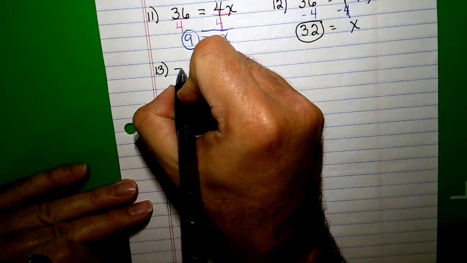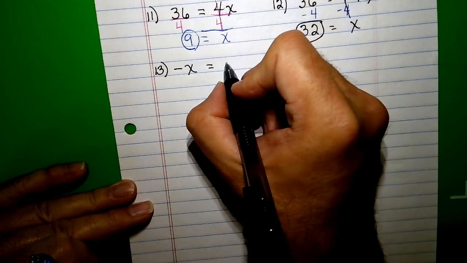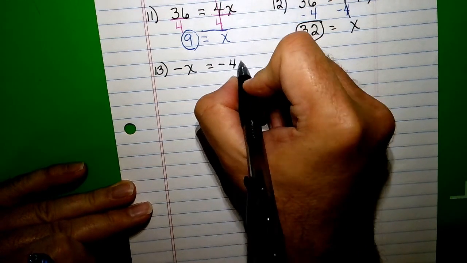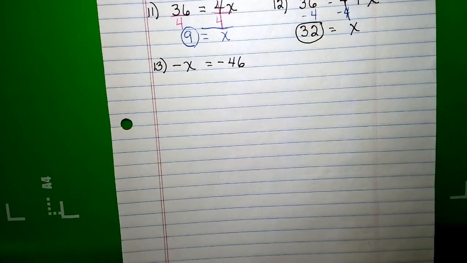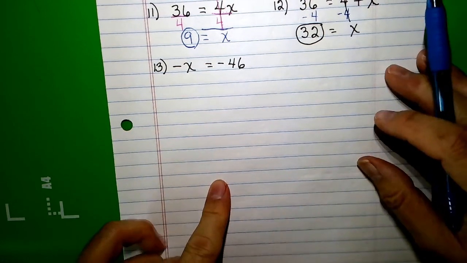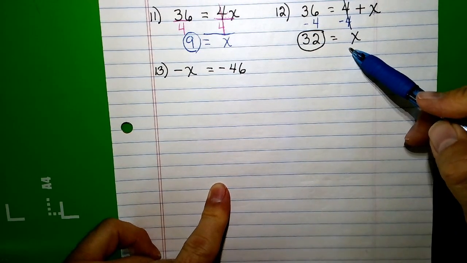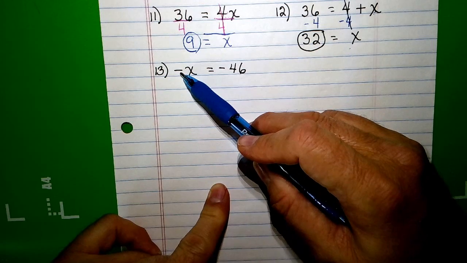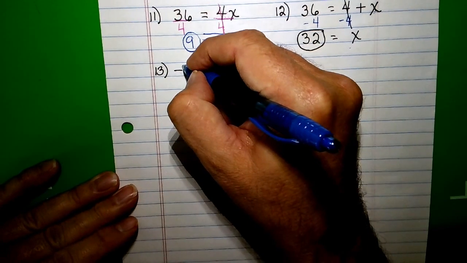Negative x, oh, this is a good one, equals negative 46. Well, our answer should be positive x. So I'm showing you what to do if you have a negative in front of the x. You're going to treat that as if there's a 1 right there.